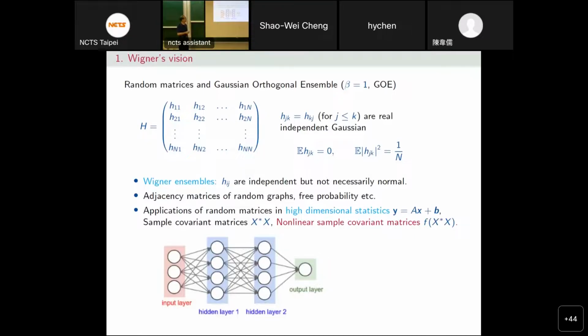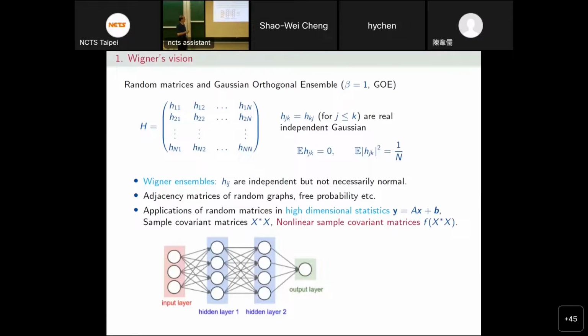A graph and a matrix are in one-to-one correspondence, so a random graph and a random matrix are actually the same thing. The adjacency matrix has a one when there is an edge between i and j, and a zero when there is no edge between i and j. So this is another example of random matrices.